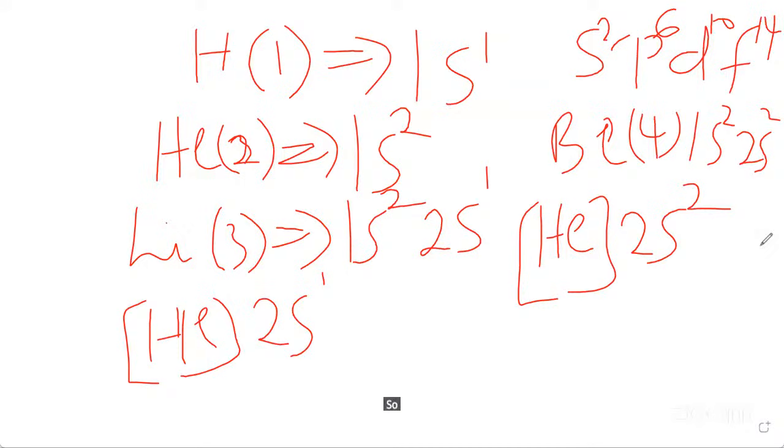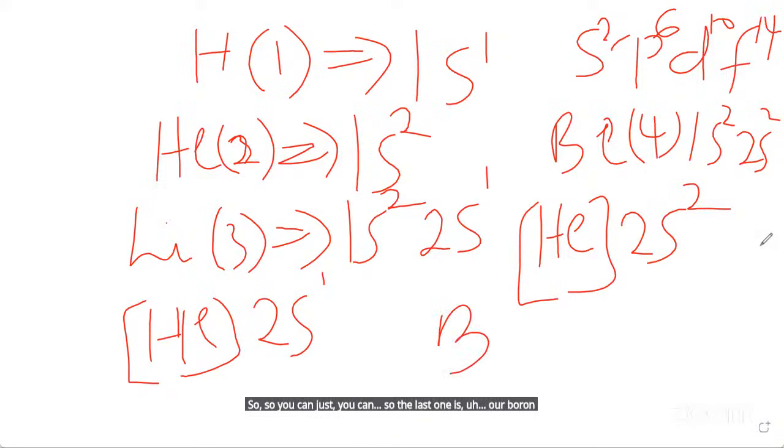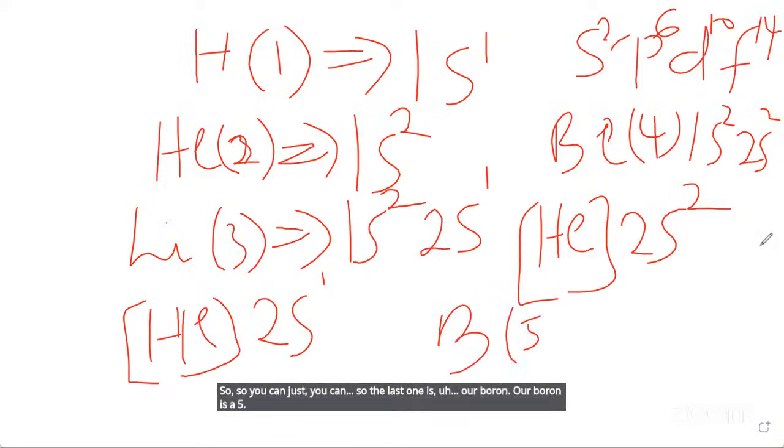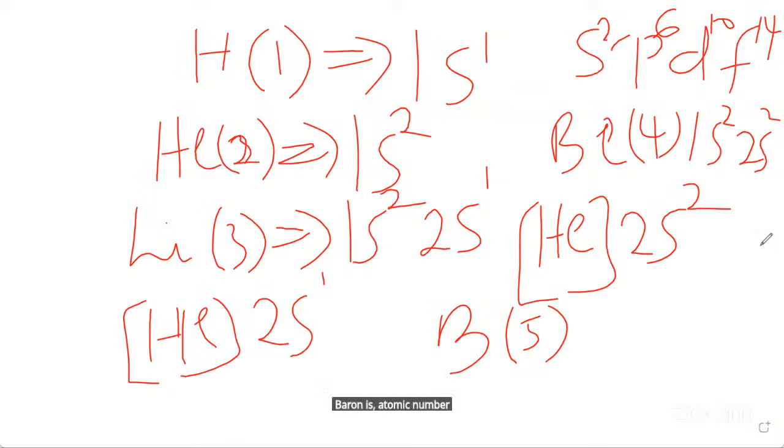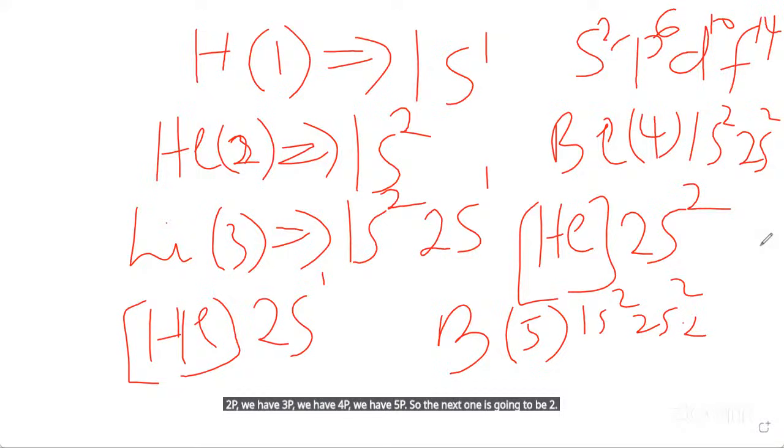The next one is our boron. Boron atomic number is 5. So it's going to be 1s2, 2s2. The next orbital is going to be p, and we have 2p, 3p, 4p, 5p. So the next one is going to be 2p1.